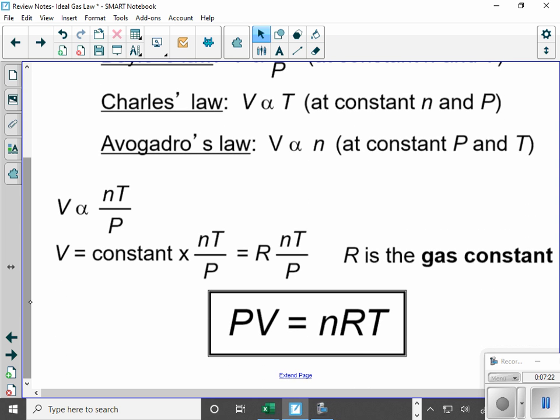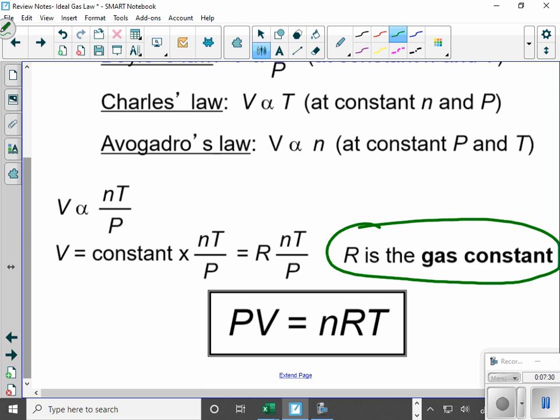Now, when we put these three simpler laws together and we add the gas constant, which is R, then we come up with the ideal gas law equation, which is PV equals nRT.